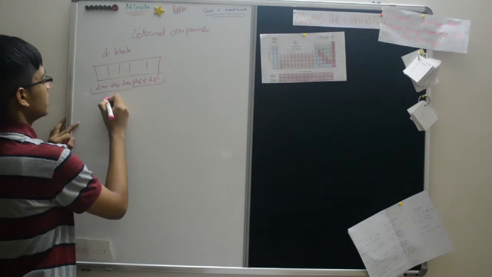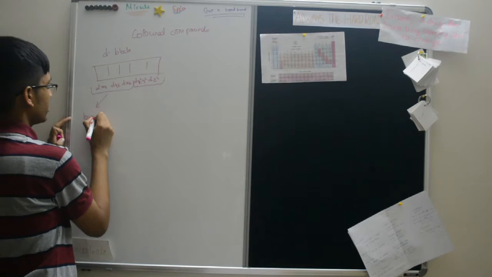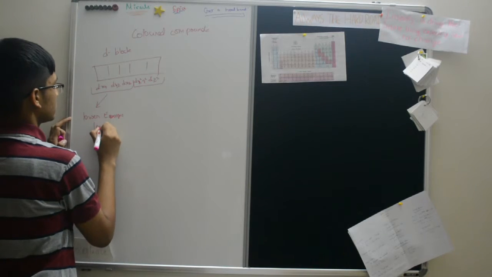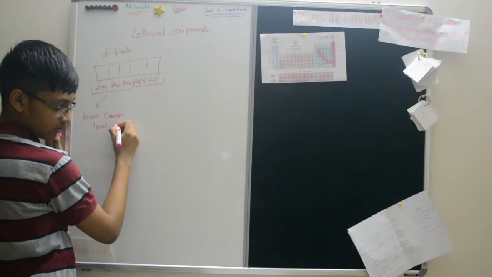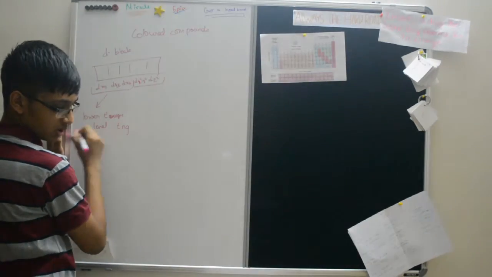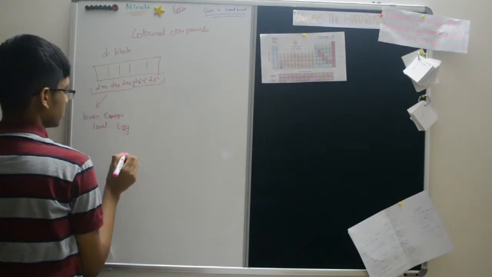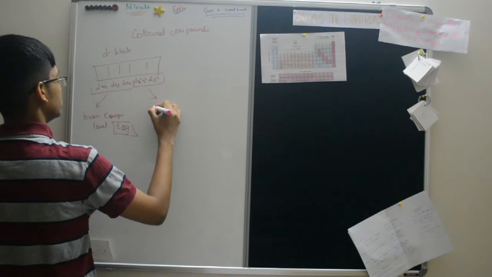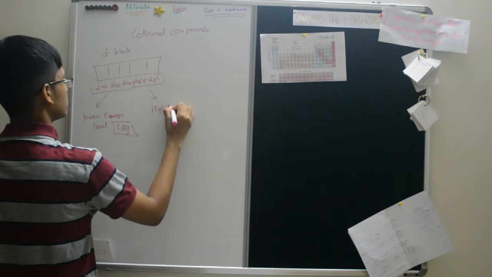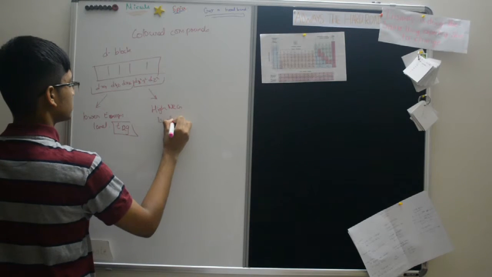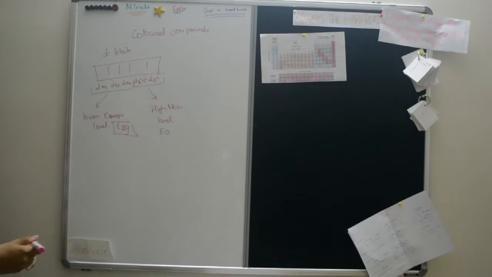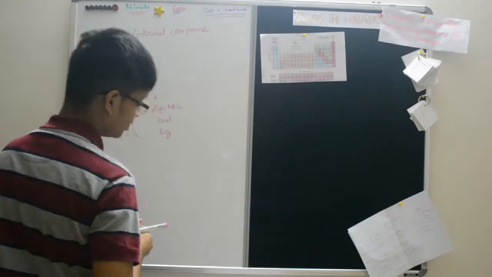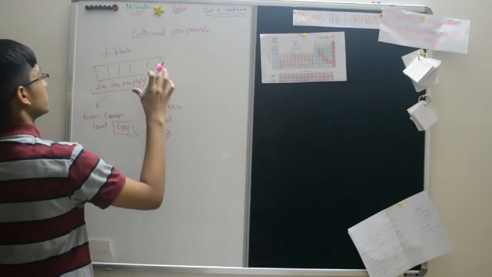One is called the lower energy level, given the symbol T2G. You should remember this. The other is called the high energy level, given the symbol EG.